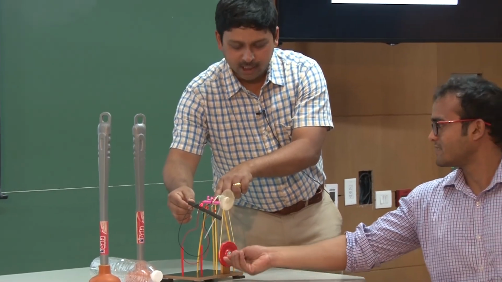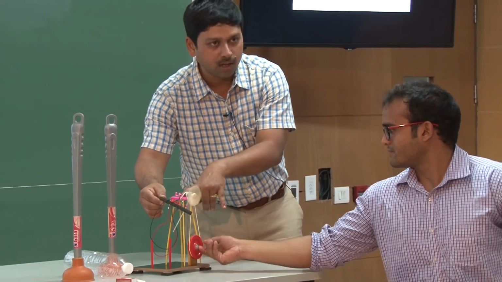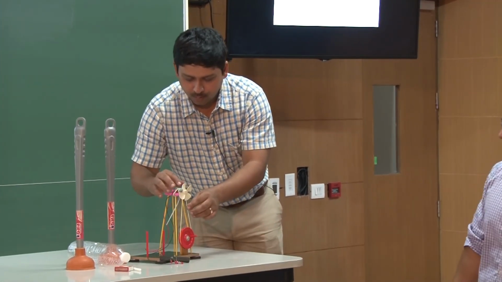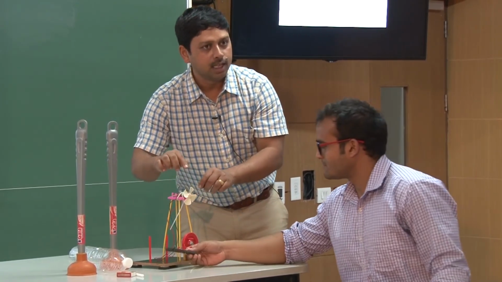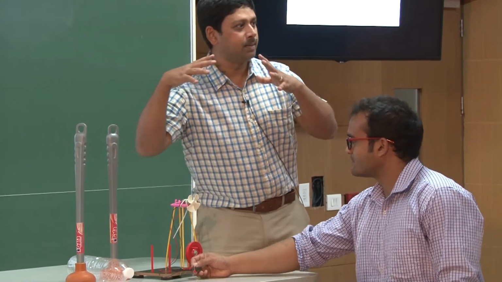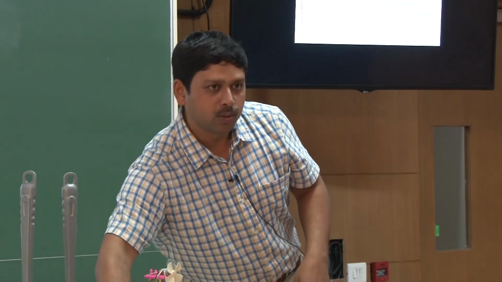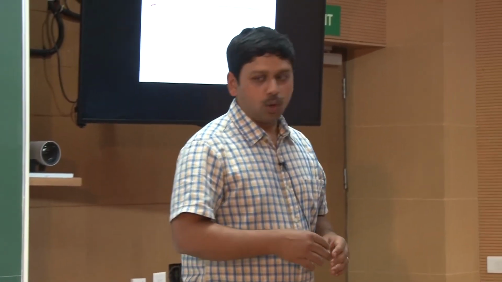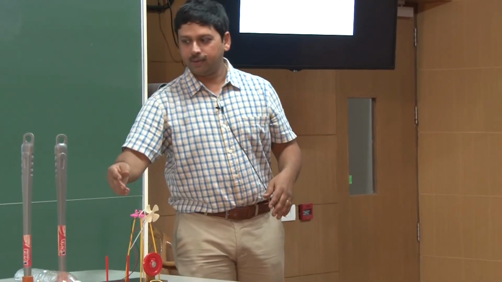Right now we are rotating the fan with the help of this pulley, but we can take it out and just blow on this. See, it has to move by the force of wind, right. We can put it in front of a fan, and then we could make this light glow. So, these are different forms of energy changes that you can see here.